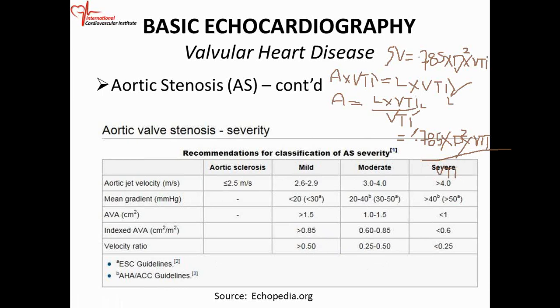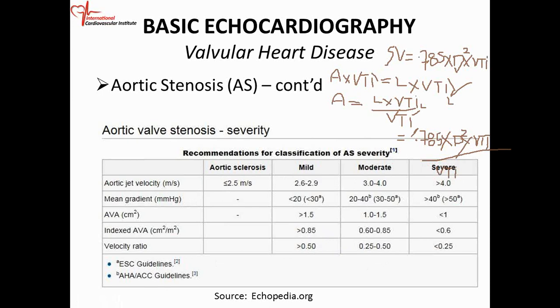So if the aortic valve is thickened and calcified, but when you look at the velocity, it is less than 2.5 meters per second, then that's what we call aortic sclerosis. That's aortic sclerosis.